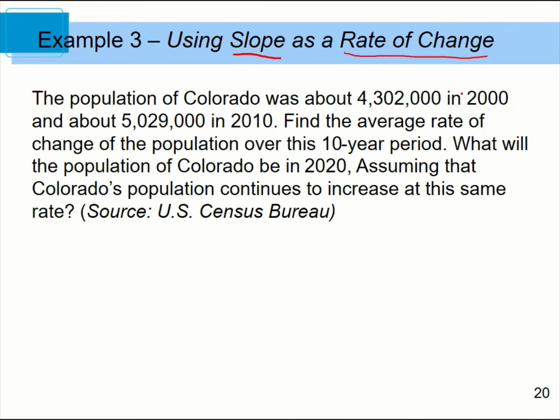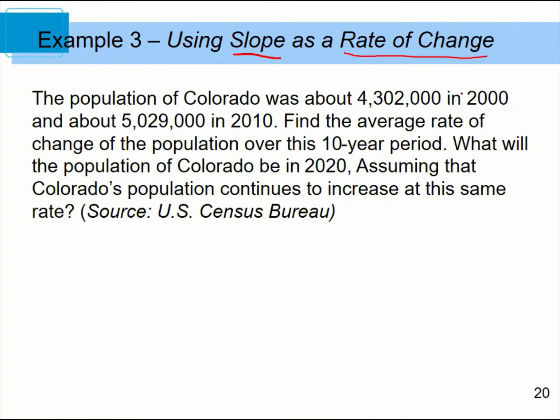We need to find the average rate of change of the population over this 10 years period. What is the average increase of the population over the 10 years? What will the population of Colorado be in the year 2020, assuming that Colorado's population continues to increase at the same rate?